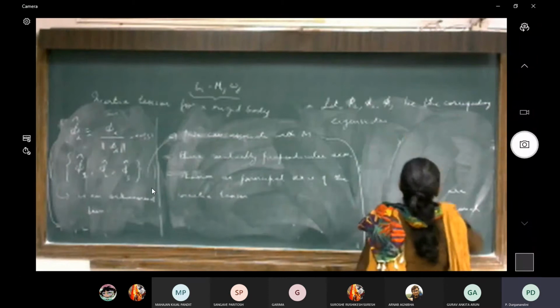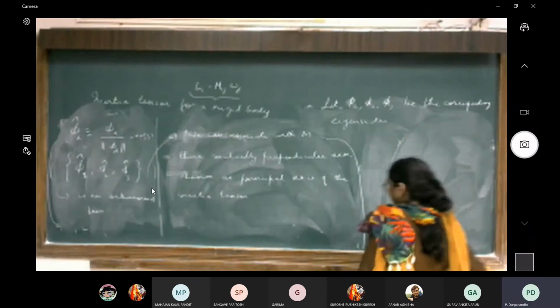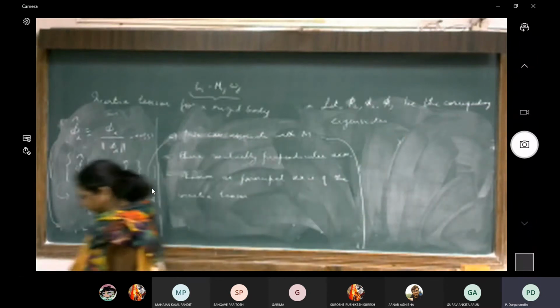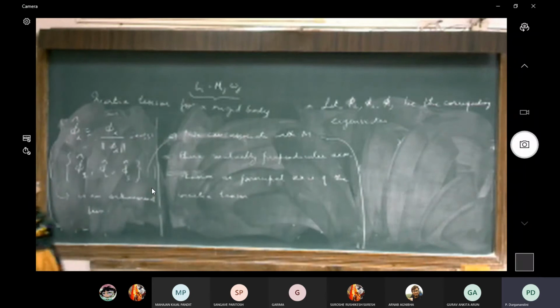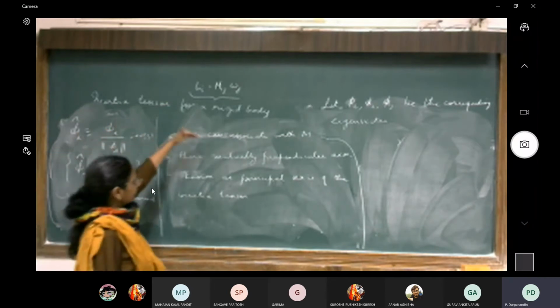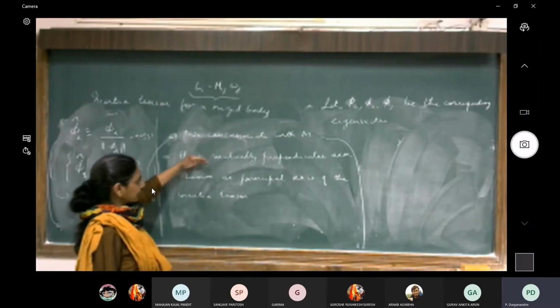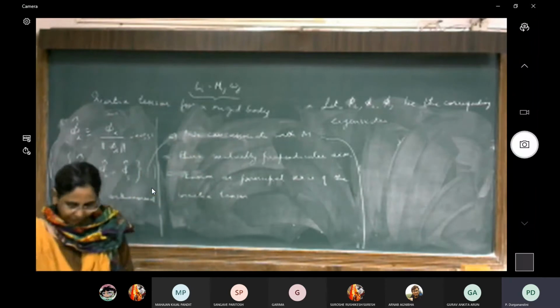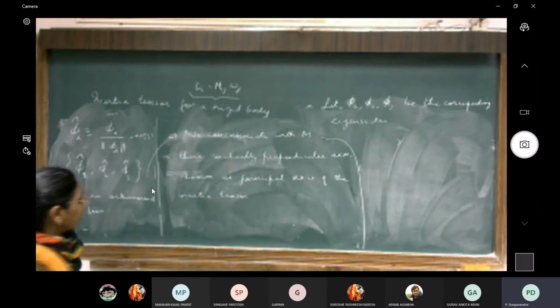So by solving the eigenvalue problem for this Hermitian matrix M, you know the eigenvalues. Associated with these three real eigenvalues, I have the corresponding eigenvectors phi 1, phi 2, phi 3, and I can associate them with M three mutually perpendicular axes, which are known as the principal axes.